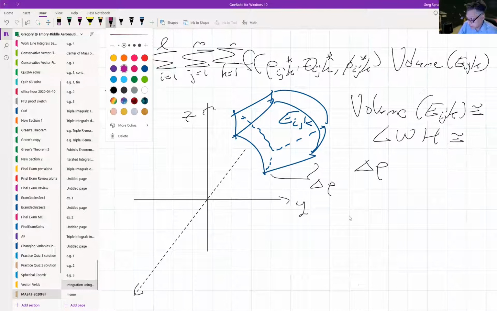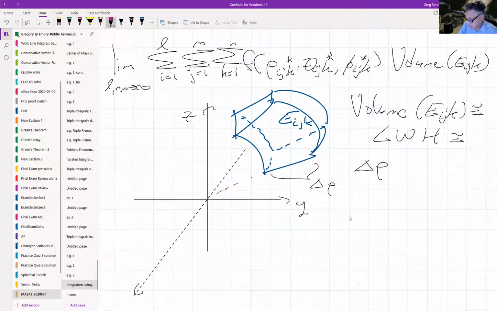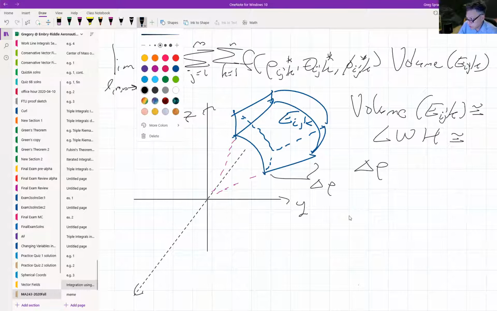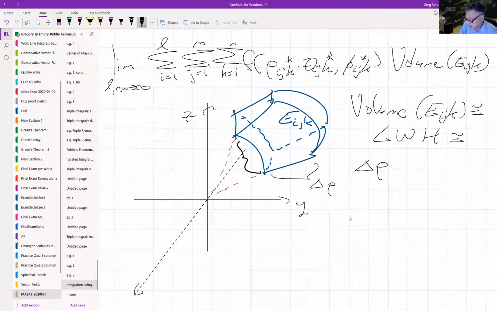Another dimension is the length of that side there.